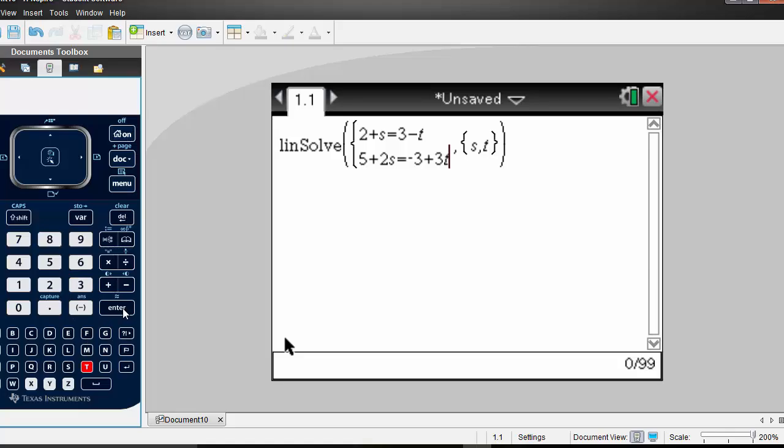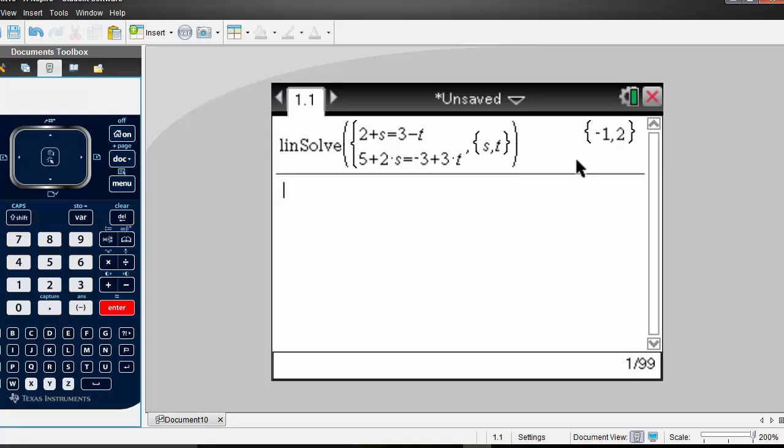So I type in my system of equations, I hit enter, and it's going to give me the values of s and t. So s is negative 1 and t is 2.